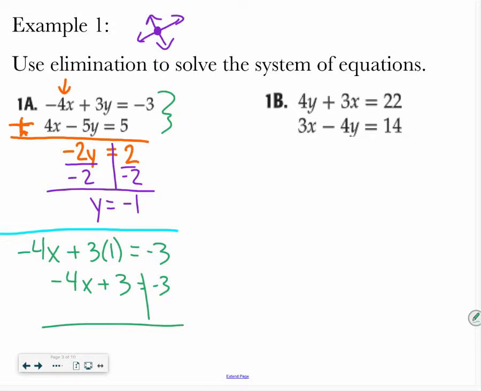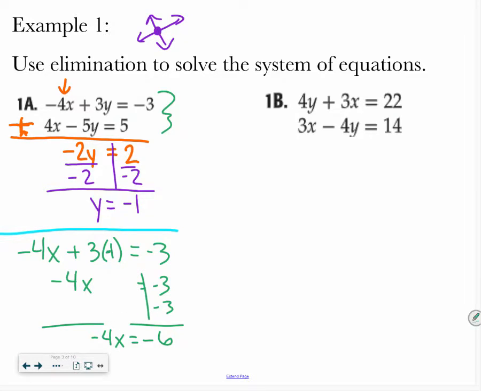now I just have one variable again, and I can solve for x. So if I do minus 3, I have negative 4x equals negative 6. Oh, and I messed up. This should be a negative 1. Sorry about that.